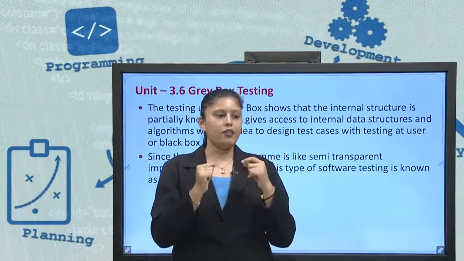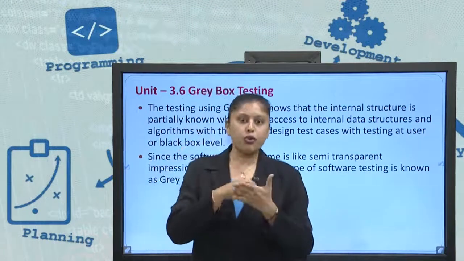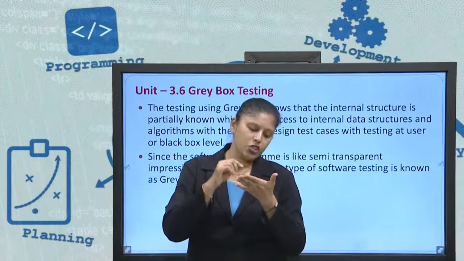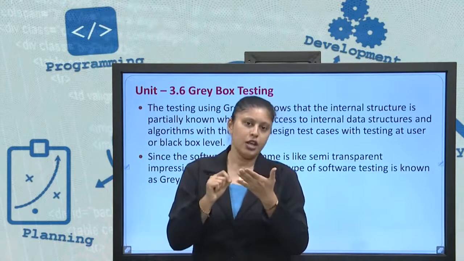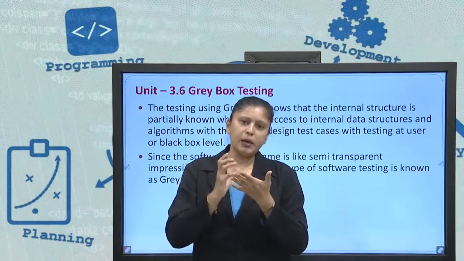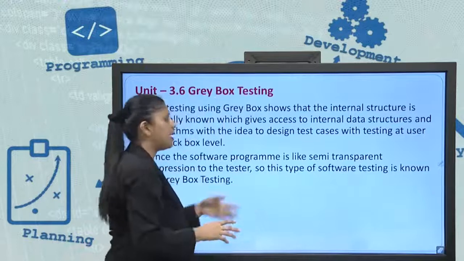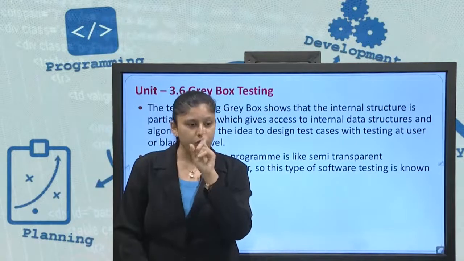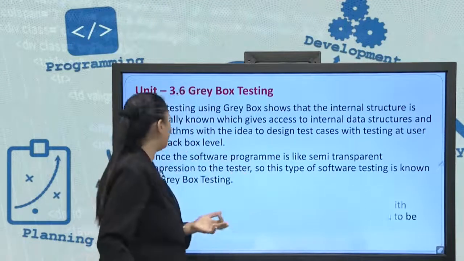Just like a semi-transparent paper on which you cannot exactly see the drawing, but you can see the outline of that drawing. That butter paper kind of semi-transparent thing is called Greybox testing, where you know certain things but you don't know everything of the internal structure, the internal code.